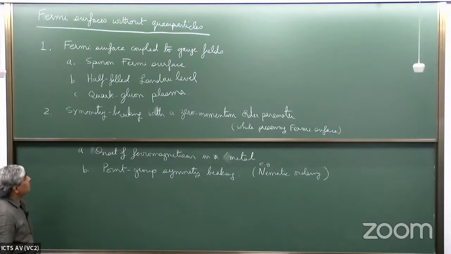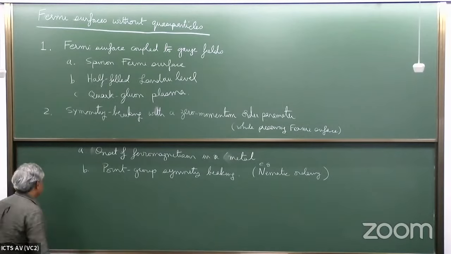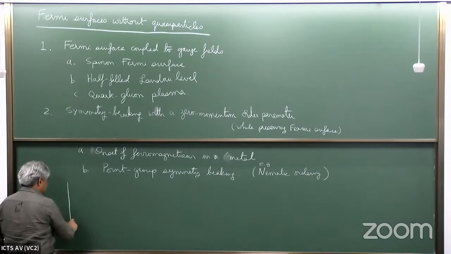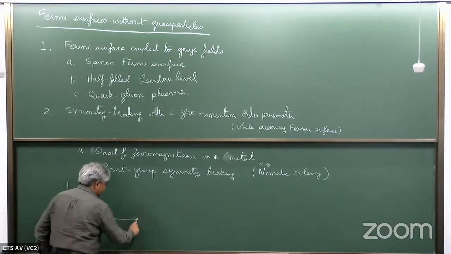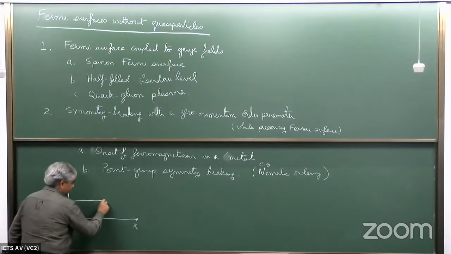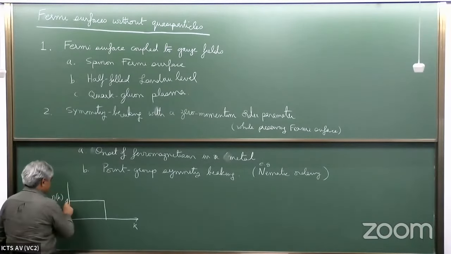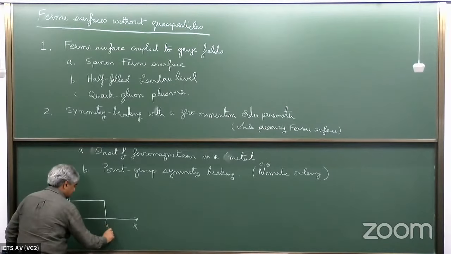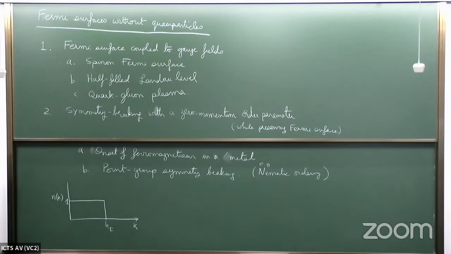Okay, so let me just begin by saying, what do I mean by a Fermi surface without quasiparticles? So, when we start out with a free electron gas, then we learn about the momentum distribution function. You compute the momentum distribution function, and for a free electron gas, it's 1 below the Fermi wave vector and 0 above it.